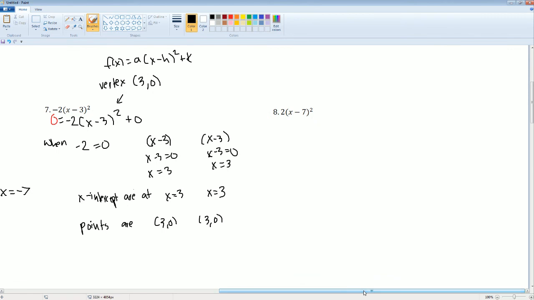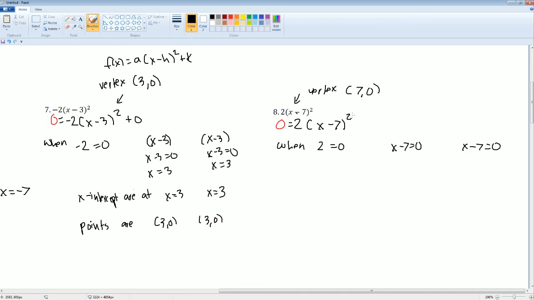Same thing here. You could really cheat this question by just looking at it. It's the vertex. The vertex here is 7 comma 0. But again, I'm going to do it the long way. So the x-intercept is when y equals 0. So set that equal to y equals 0. This is when x minus 7 equals 0, and x minus 7 equals 0.